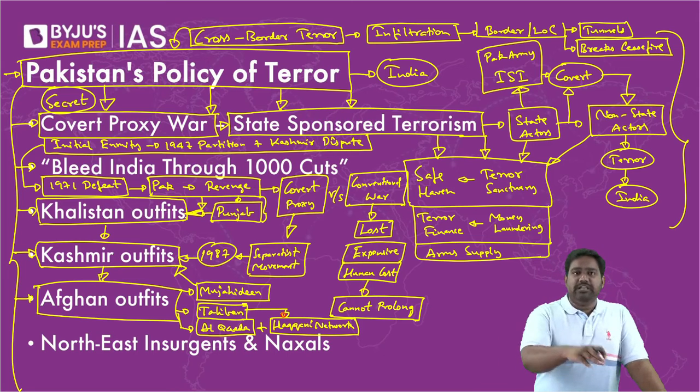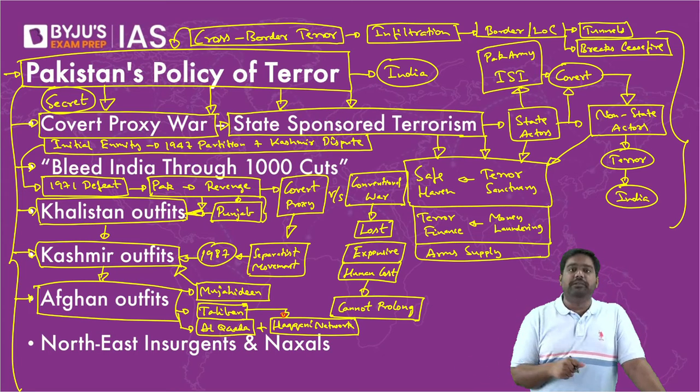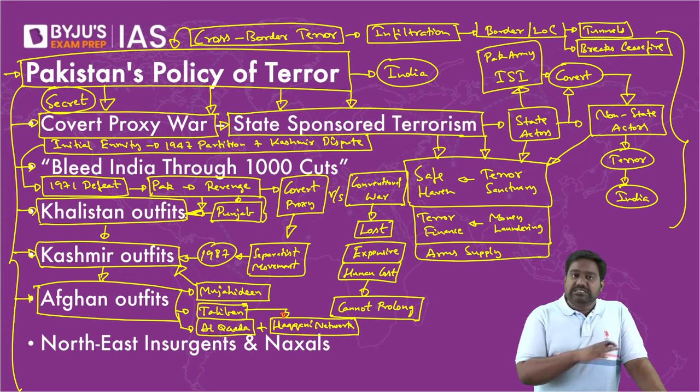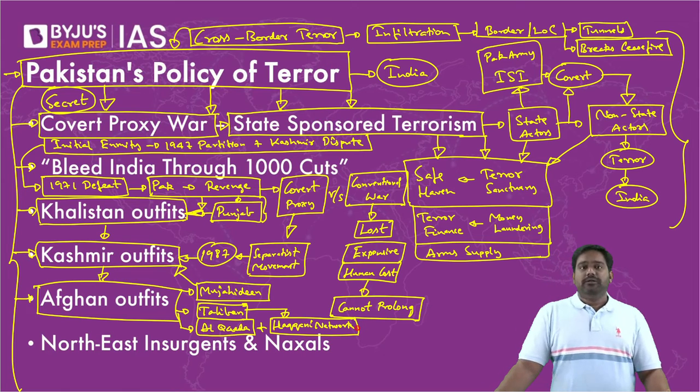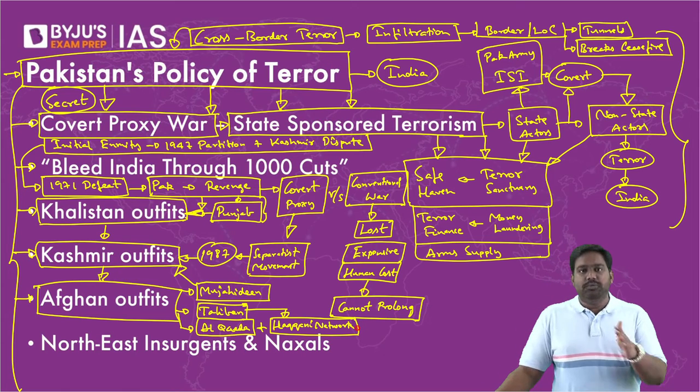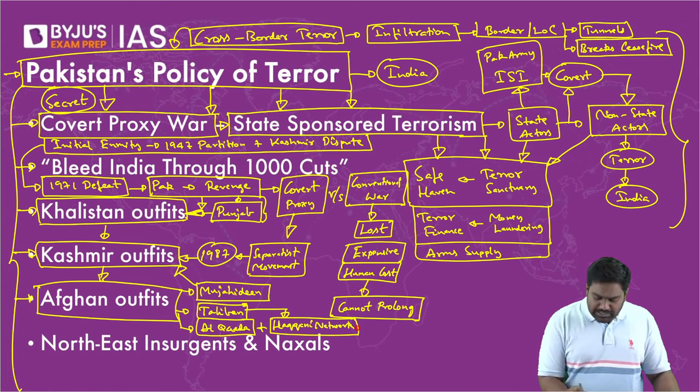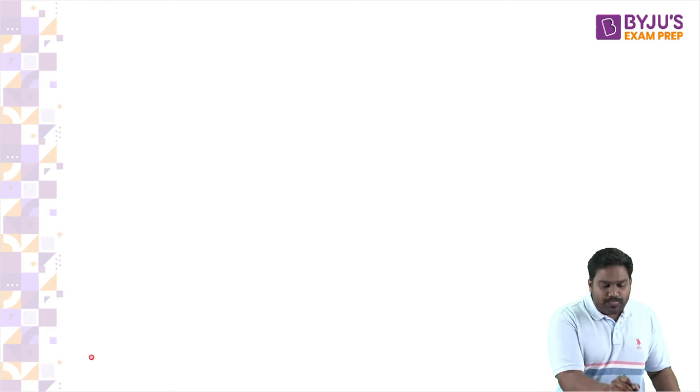The camps are available, weapons are available, funds are available, right? Training support is available. And Pakistan does not act against them. So this infrastructure which Pakistan has created is primarily meant to be used against India. It has enabled the creation of multiple anti-India terror groups.